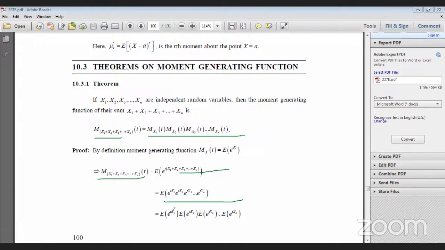Yes, sir. E(e^(tX1)) E(e^(tX2)) E(e^(tX3)) E(e^(tX4)) E(e^(tXn)), can we write it?